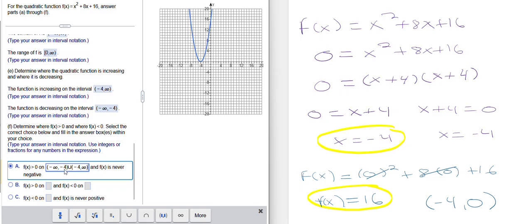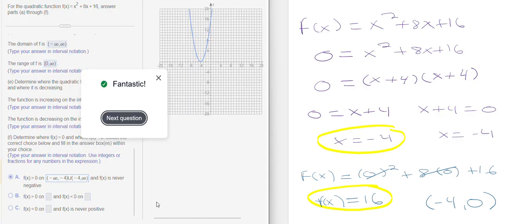In this interval right here, the y's are greater than 0. We're not including negative 4 because at negative 4, the y is 0. And we are interested in where the y is greater than 0. And notice it's not greater than or equal to, so it's not including the 0, all right? So that is the interval where the y's are greater than 0.